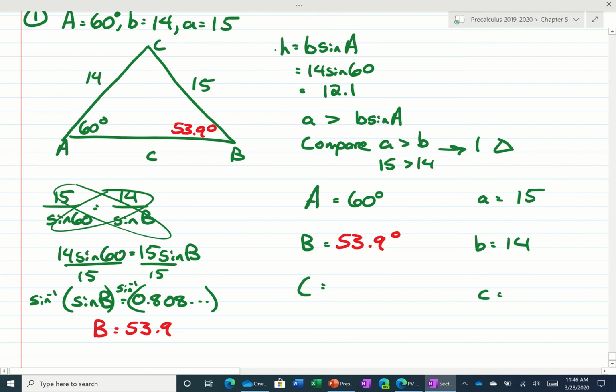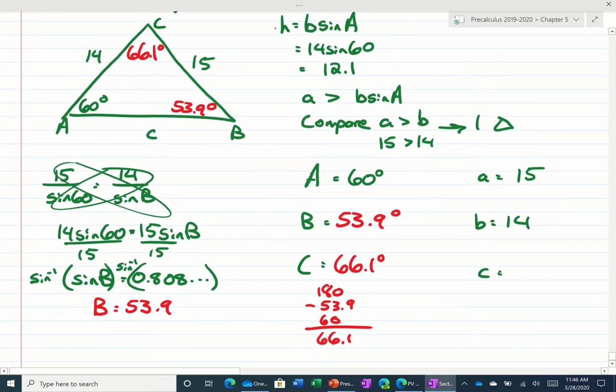And if B is 53.9, if I do 180 minus 53.9 minus the 60, this comes out to 66.1. All right, and then we just have to figure out what side C is. So I'm going to use what they told us. 15 over the sine of 60 is equal to side C over the sine of 66.1.